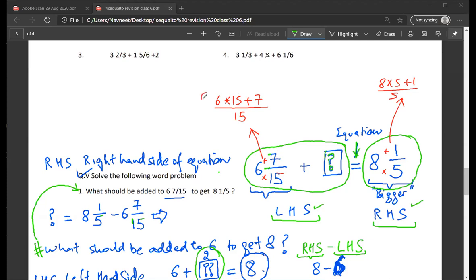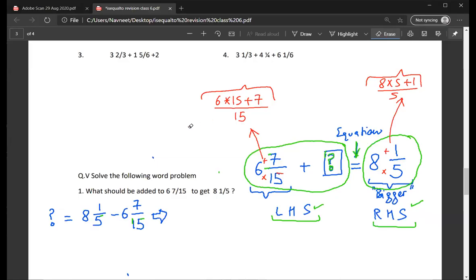Okay. Now both of you calculate this and tell me the answer. So the first one is 97 by 15. Satya, have you got the same answer? Yeah, sir, I told you first. And what is the second one? 41 upon 5. Mr. Sarthak?